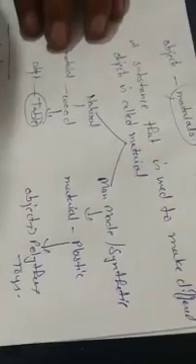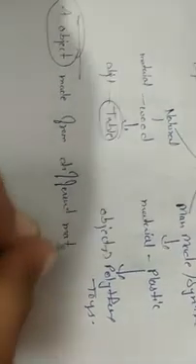Objects are also made up of different materials. A particular object can be made from different materials.